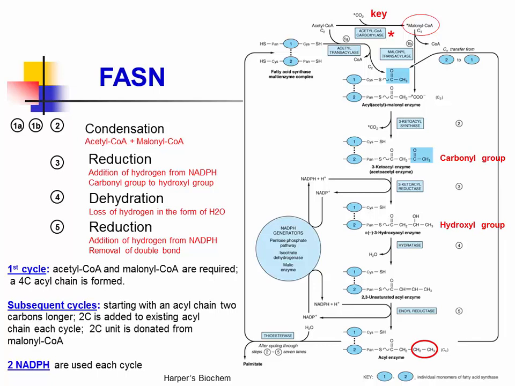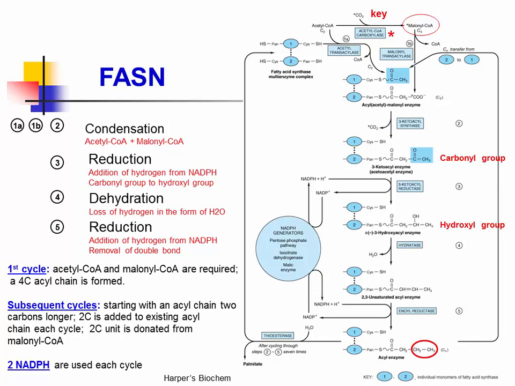So you need to repeat 7 cycles, and each cycle adds 2 carbons to the existing acyl-CoA molecule to extend the carbon chain. So to synthesize one palmitate, you need to go 7 cycles, right?